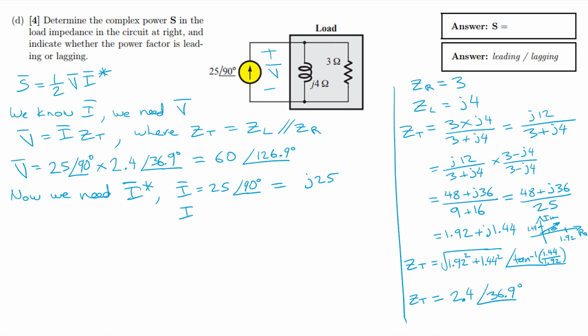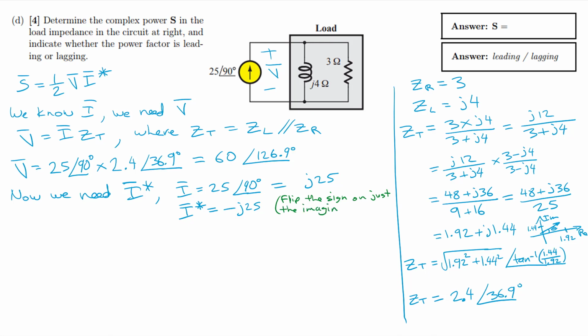So then the complex conjugate of that current phasor is going to be simply minus J25. And just as a note, we flip the sign on just the imaginary part.